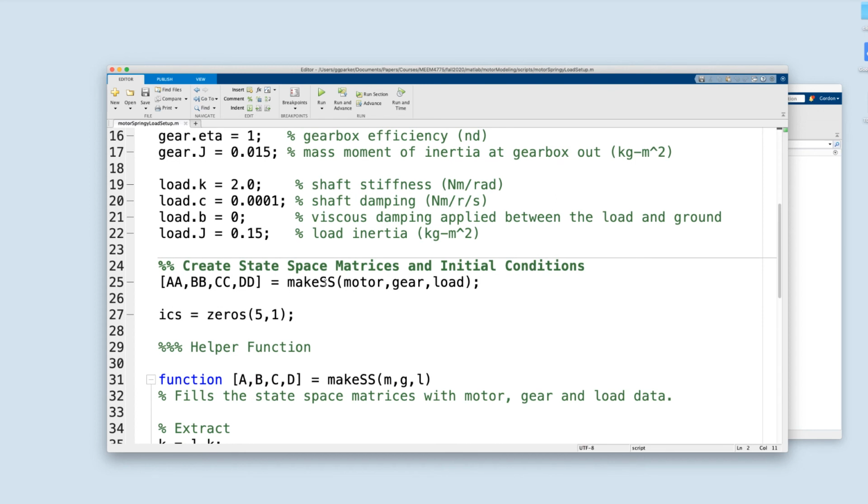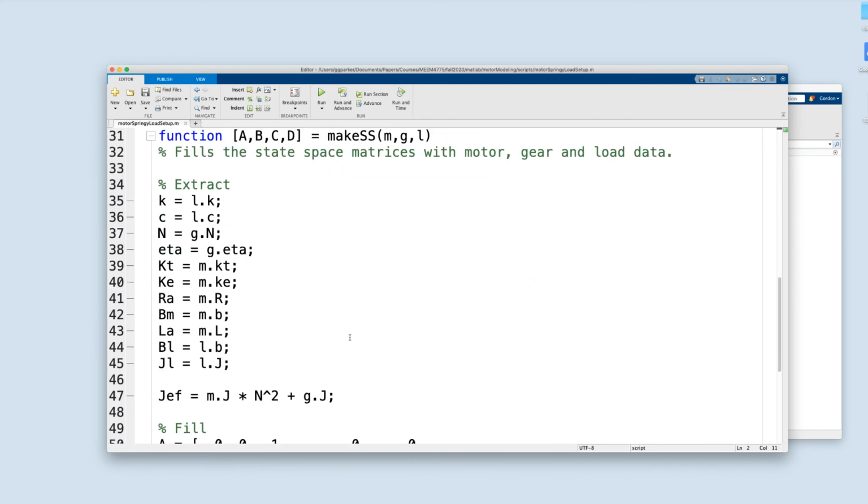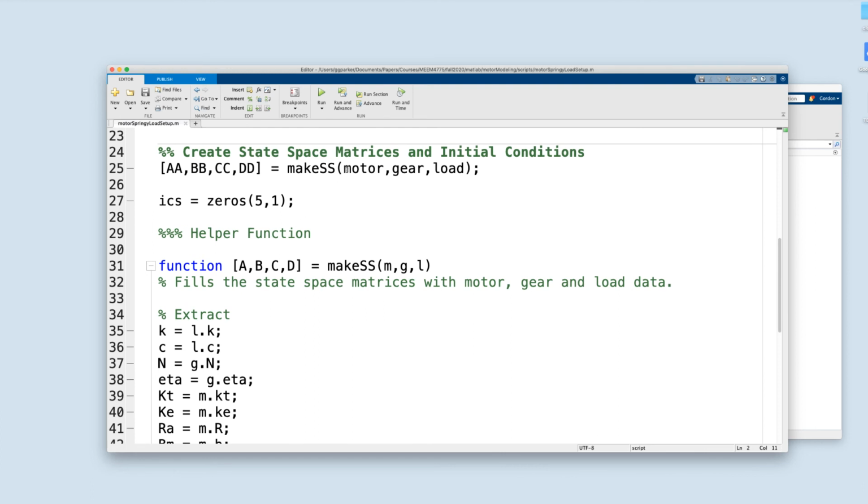And I wrote a little function here to fill out the state space matrices, which is really just sitting right here, and extract out all those little pieces. So for instance, you send it the argument, let's look at that, the motor, gear, and load structures, which I've just named M, G, and L here, so that I could more efficiently pull things out of them.